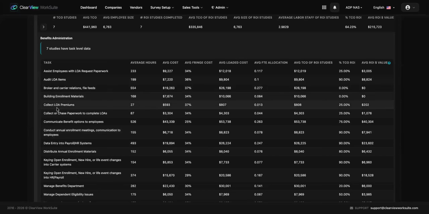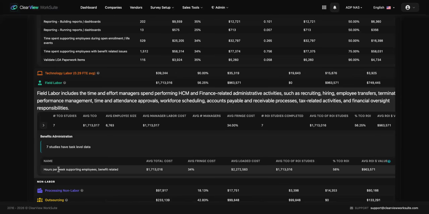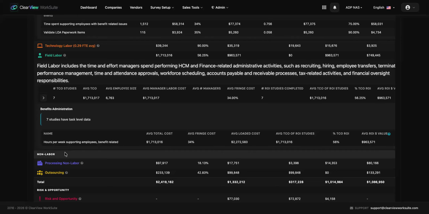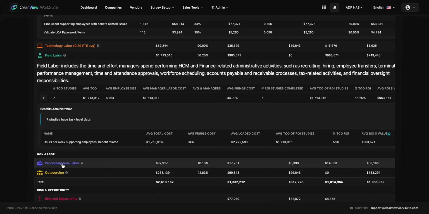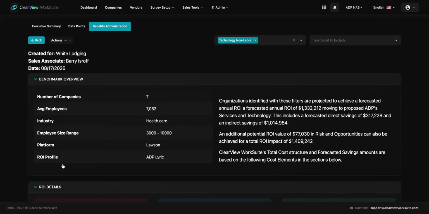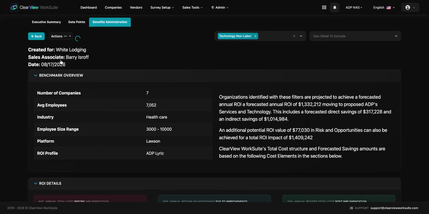So it's very detailed. You can see the work items that are going. If I look at field labor, these are items and cost, supporting employees with benefit related questions. All of these are expandable and can be opened up. I can also go up here and generate an export PDF if I want.